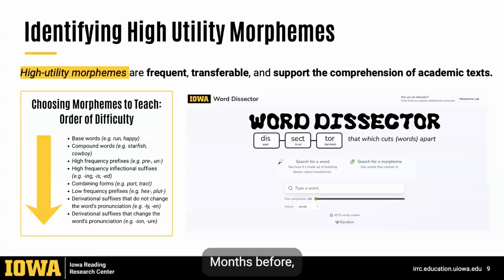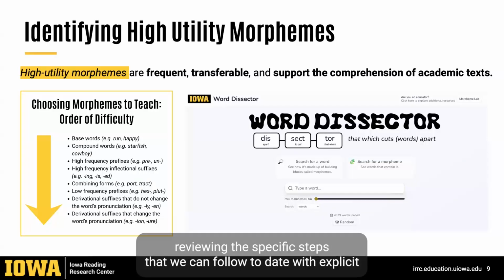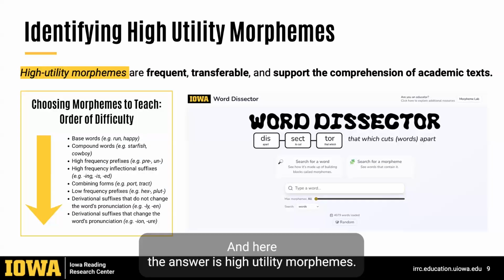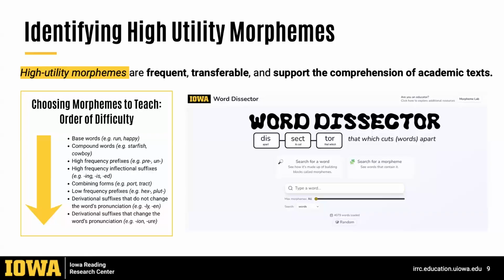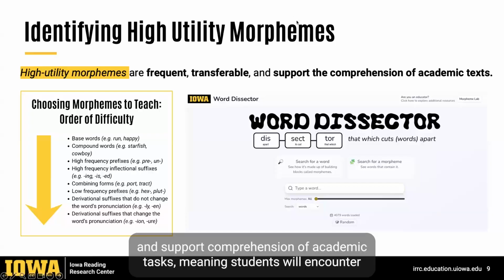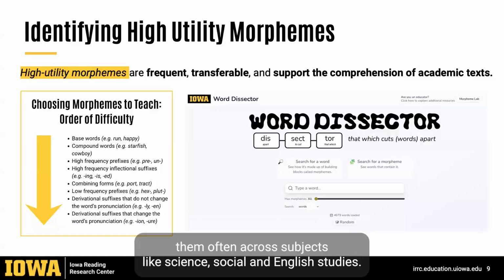Now, before reviewing the specific steps that we can follow to teach with explicit morphology instruction, it is important to decide which morphemes we need to teach. And here the answer is high utility morphemes. High utility morphemes are word parts that are frequent, transferable, and support comprehension of academic tasks, meaning students will encounter them often across subjects like science, social studies, and English.